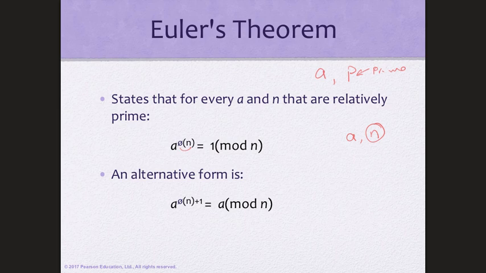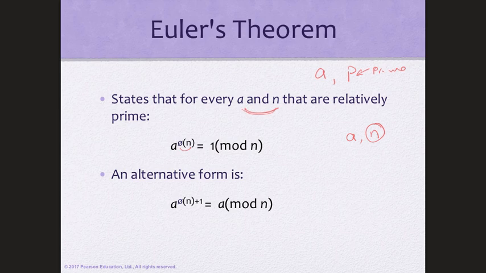The Euler's theorem says that if you have any positive integer a and positive integer n, under the condition that a and n are relatively prime, so we had the same condition there, that p, the prime number, does not divide a. Here we say that a and n are relatively prime, so there is no common factor between them.